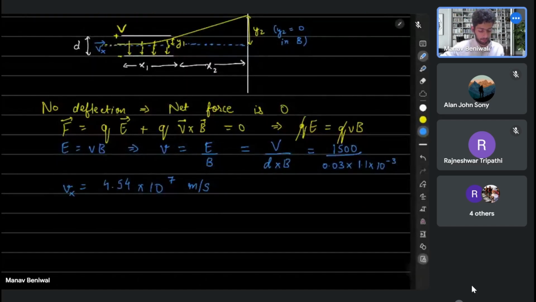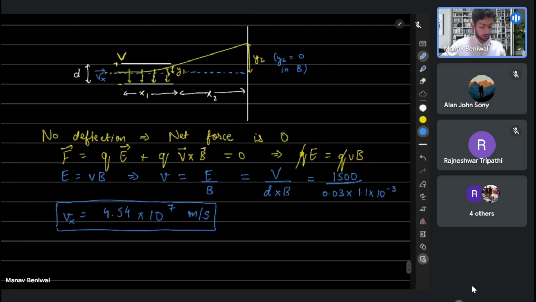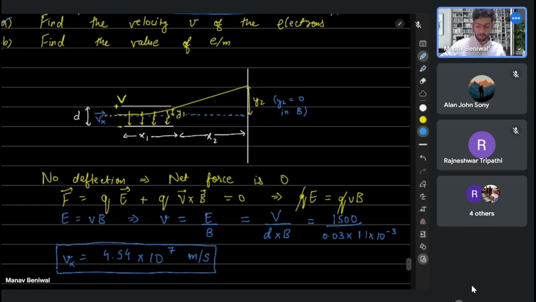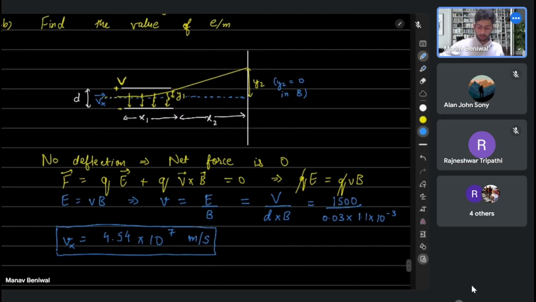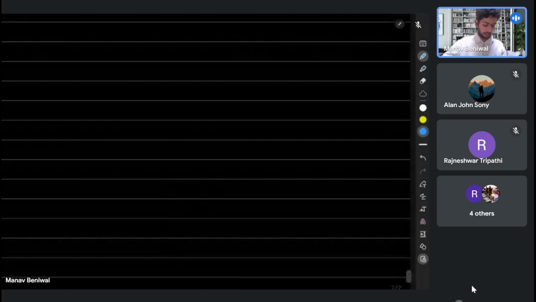This is now known to us. Now they want us to find the value of e by m. What will be the value of this e by m? Let us find out the value of e by m.